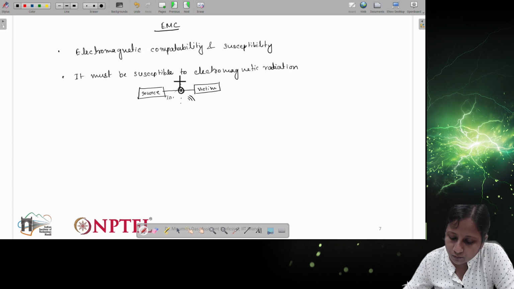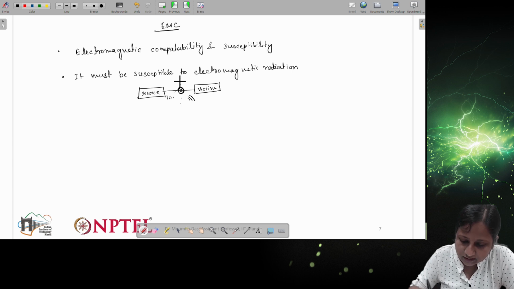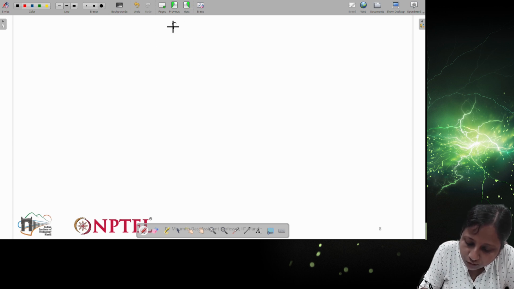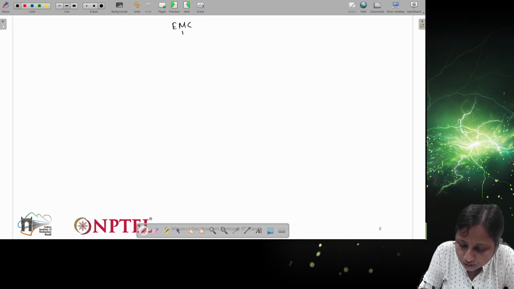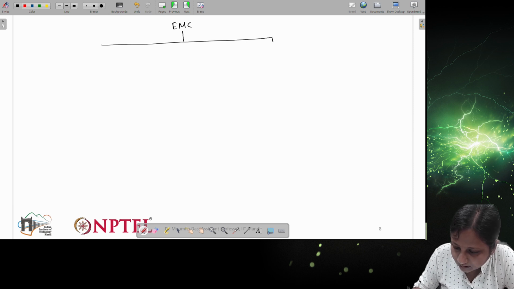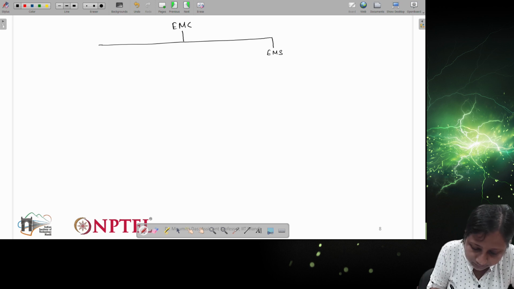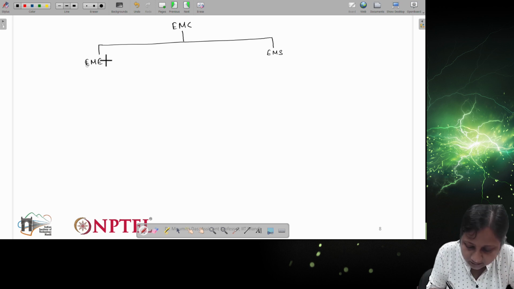Okay, so now we can also classify this electromagnetic compatibility into different types. What is the classification of electromagnetic compatibility? I'm writing this in short form. It has two different types: electromagnetic susceptibility and electromagnetic emission.